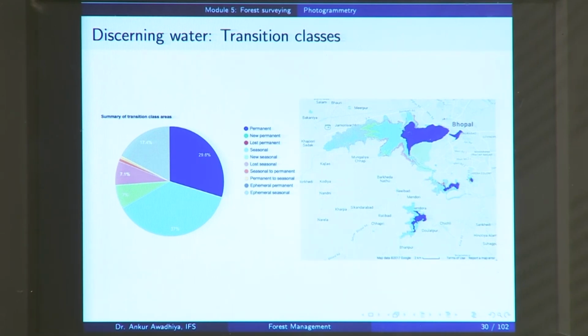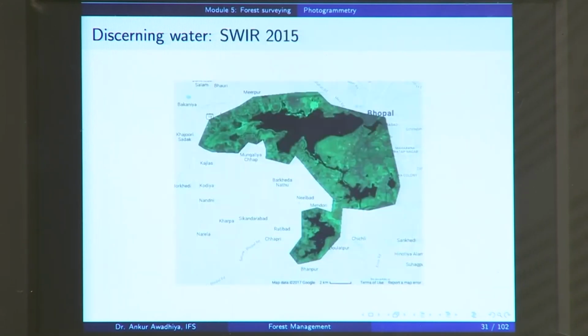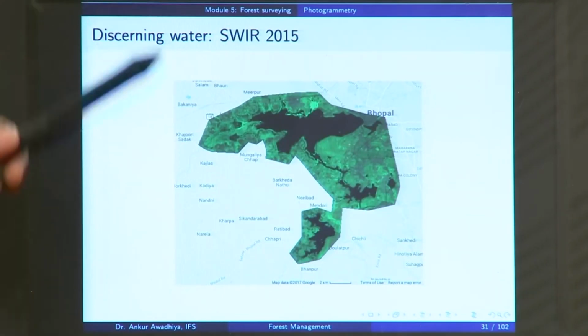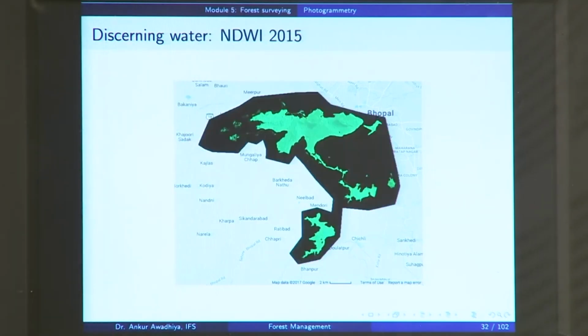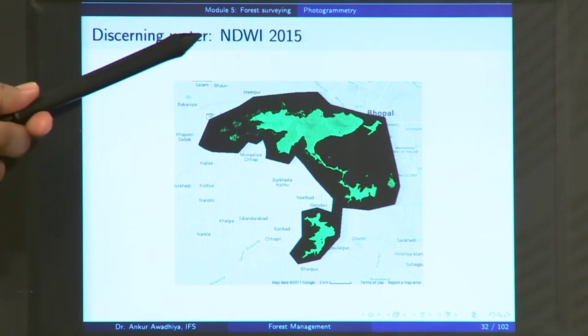So, we can get these transition classes, but to make the boundary we can also make use of things such as the short wave infrared bands. This is an image in the short wave infrared band, say for every year, say 2015, we can make an image like this, from which we can get where the water is located by making use of the normalized difference water index.